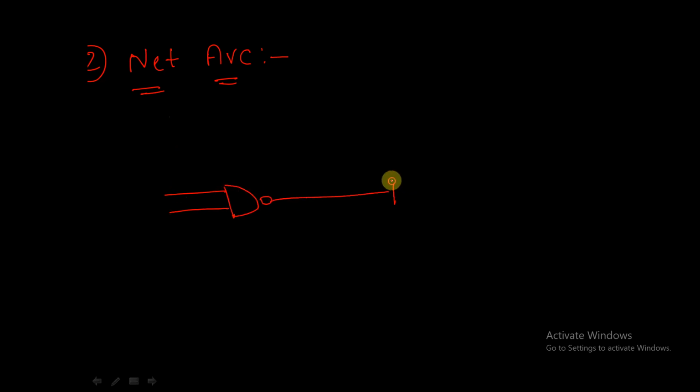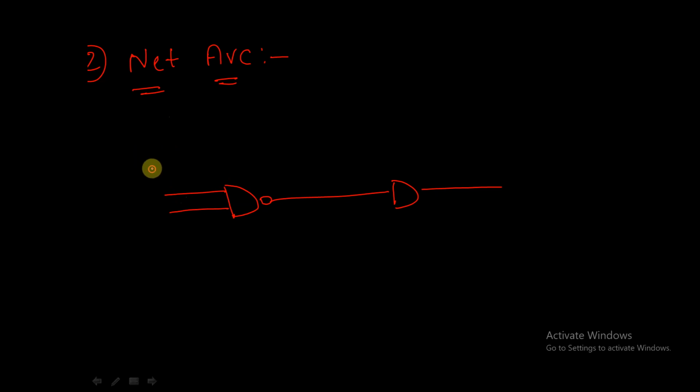Now let's discuss what is meant by net arc. The arc between the output pin of a cell and the input pin of another cell is called a net arc. Let me draw a circuit. Let's say this is our NAND gate, and this is our AND gate.